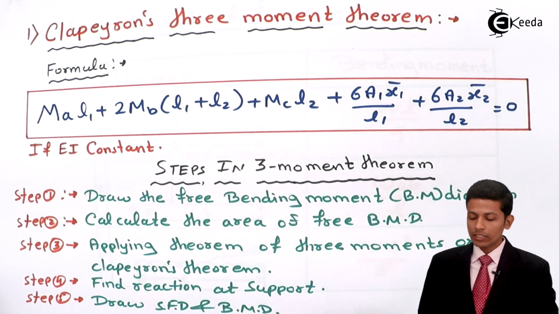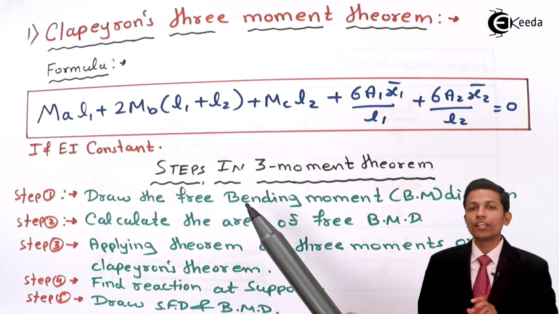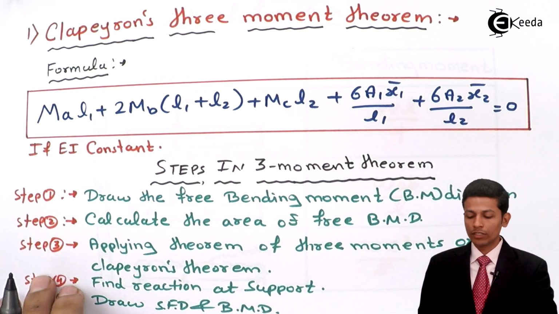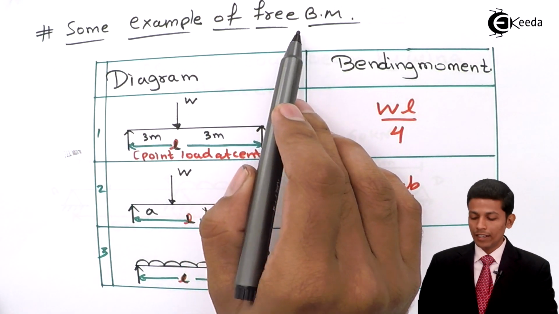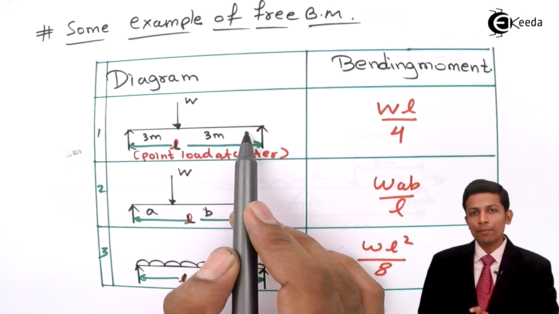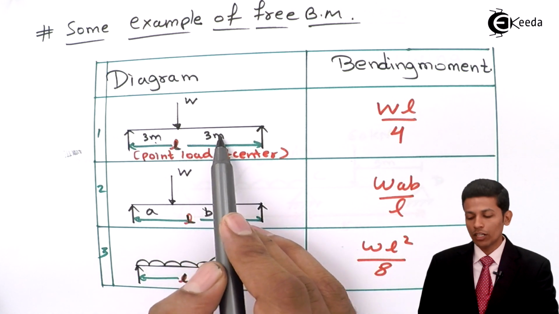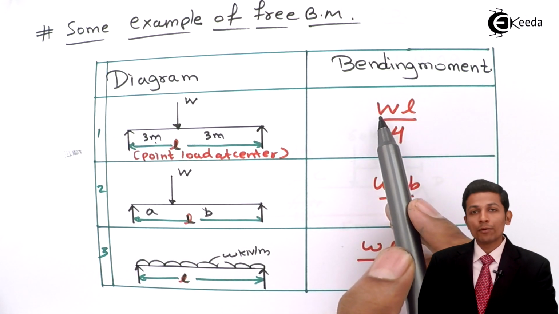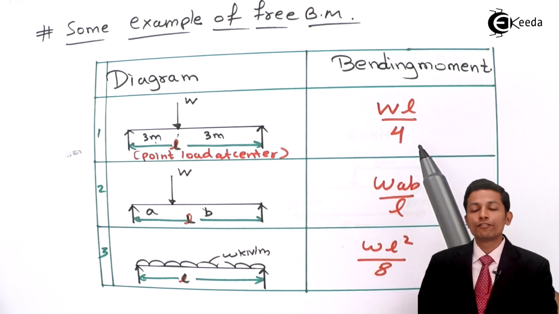Now let's take examples of free bending moments. Which free bending moments always come in the exam? Let's see some examples. If it is a simply supported beam with a point load at the center, where this is 3 meters and this is also 3 meters, the bending moment at this point is WL by 4.